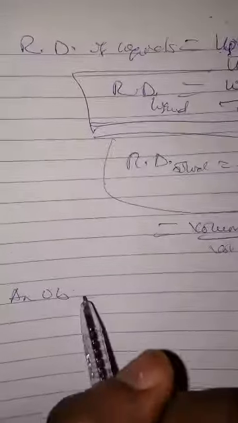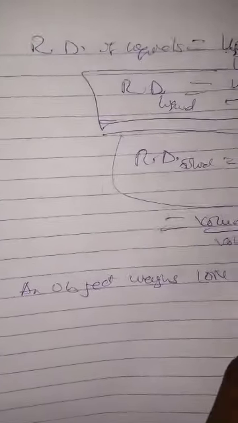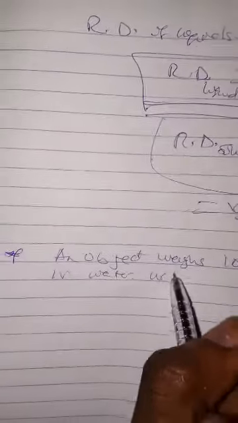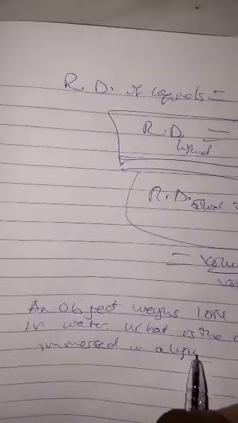Yes, I have a question here, from 1990. An object weighs 10 Newton in air and 7 Newton in water. What is the weight when immersed in a liquid of relative density 1.5?